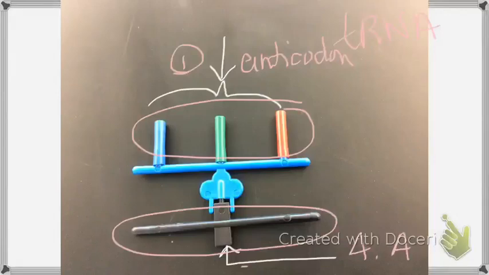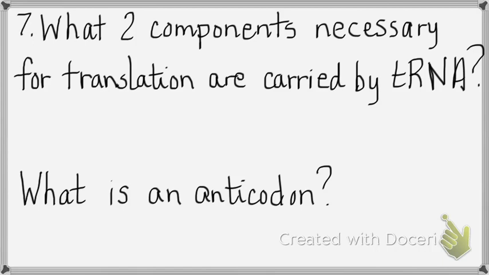That's okay? Right, so the reason I put that picture there is I think it goes with number 7. What 2 components necessary for translation are carried by tRNA? Well, it's the anticodon. You got to have that to do translation. And you got to have the amino acid.